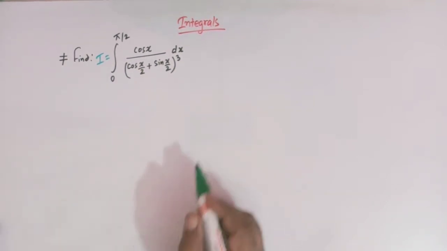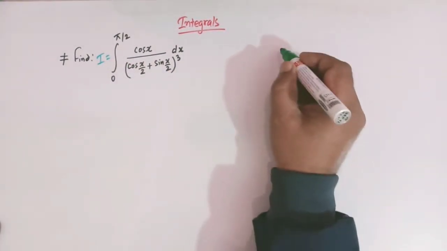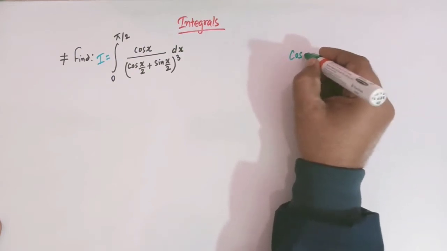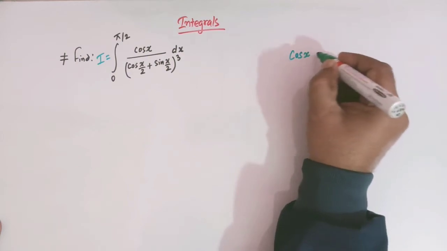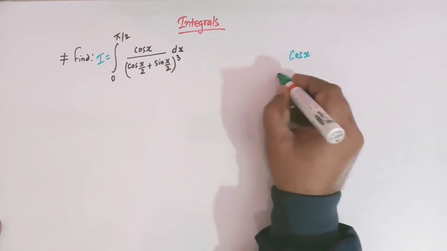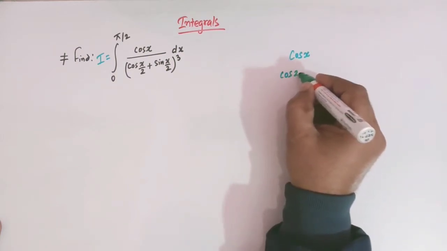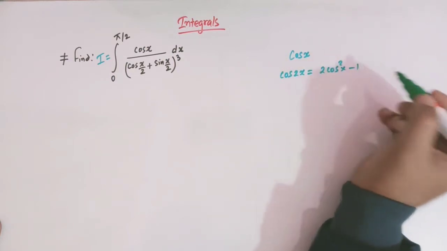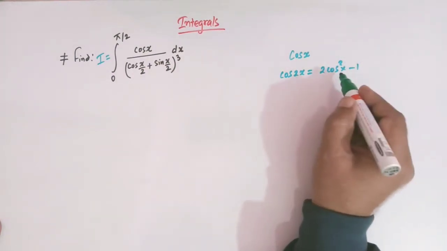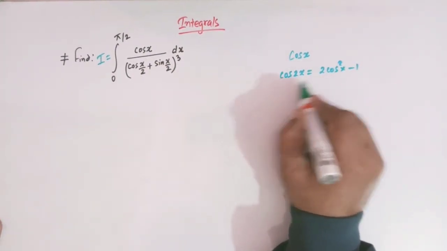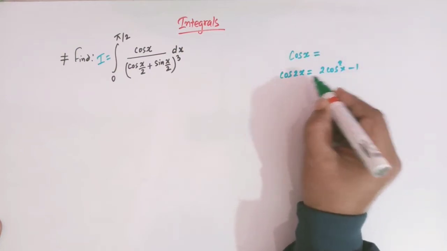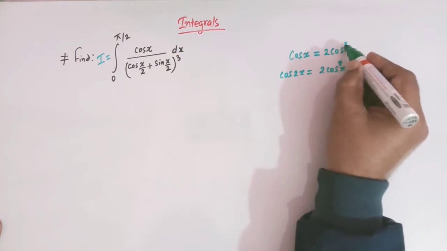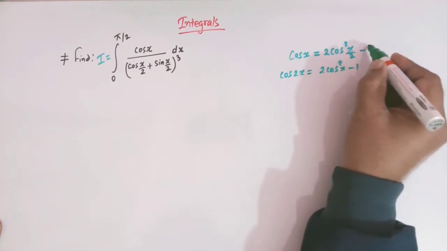We know that cos 2x is equal to 2 cos square x minus 1. If we write the half angle formula from here, we have cos x is equal to 2 cos square x over 2 minus 1.